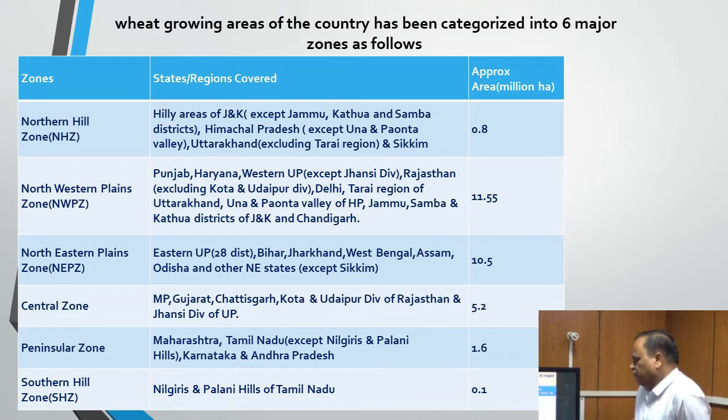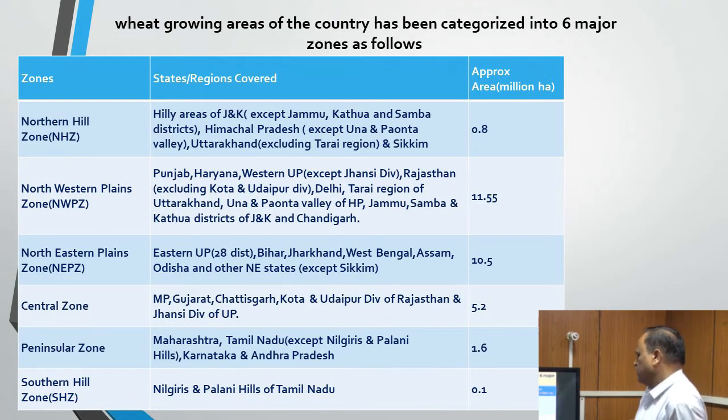Then the fourth important zone is the peninsular zone. It comprises Maharashtra, Tamil Nadu, except some parts of Nilgiri and Palani Hills, Karnataka and Andhra Pradesh.